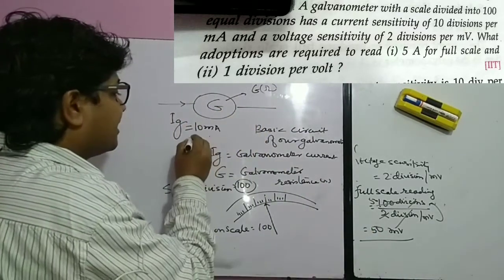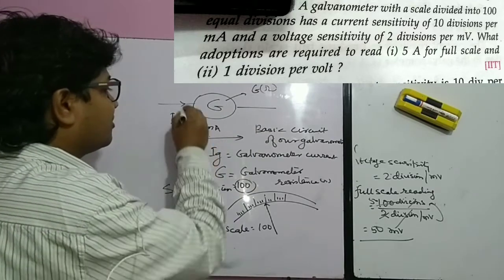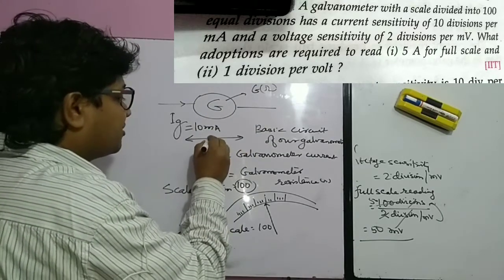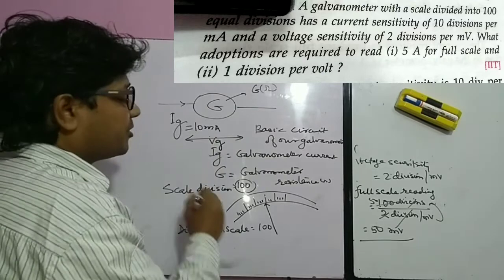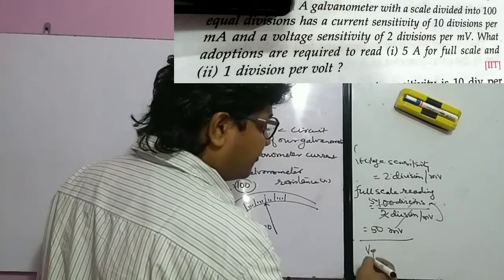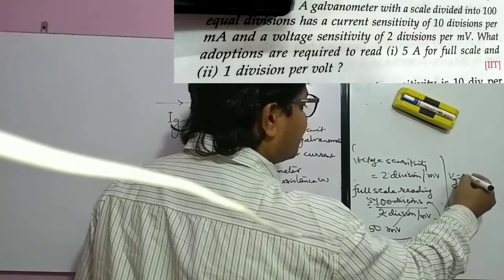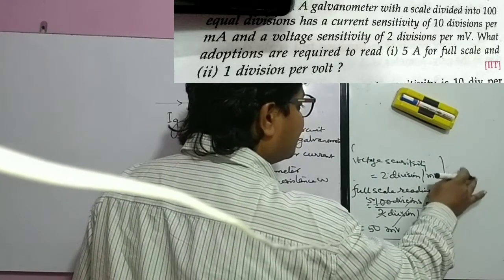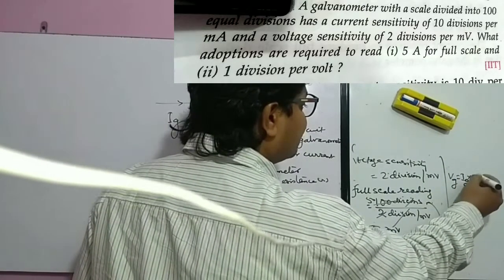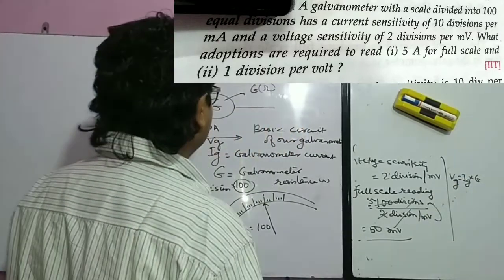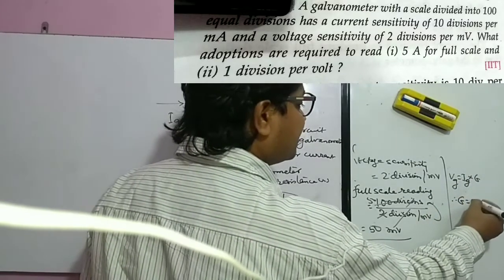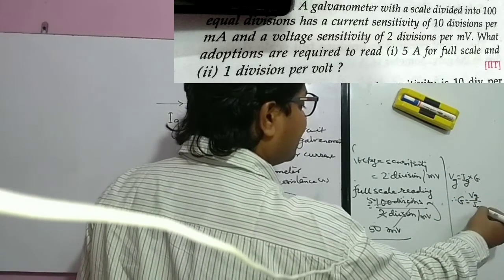So we can say that this is your galvanometer. So this is the voltage across galvanometer. So we can say that Vg is equal to Ig into G, right? So what will be G? G is equal to Vg divided by Ig.